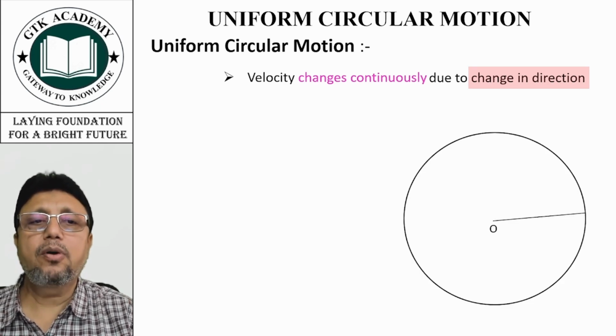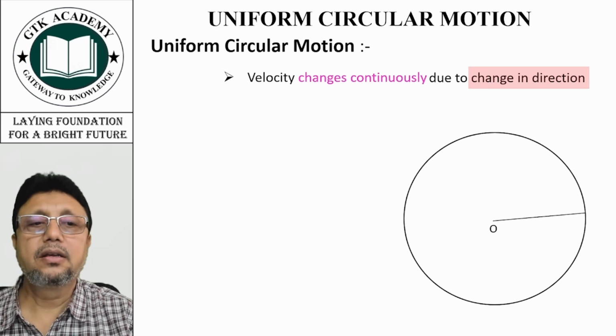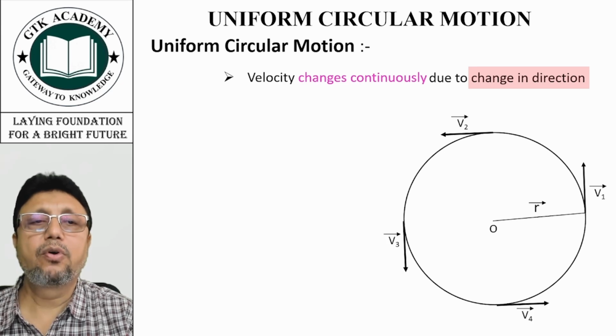Now you can see from this figure that if a body is performing a circular motion in this circle and it has any position which is represented by this radius vector, and the velocity at this position is say v1, another position v2, v3, v4.